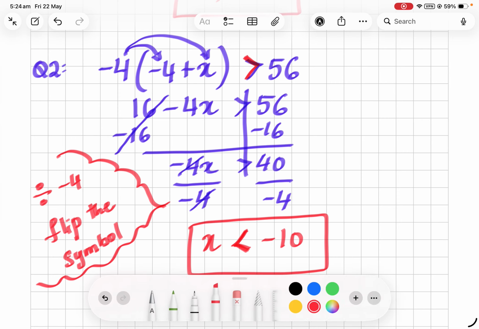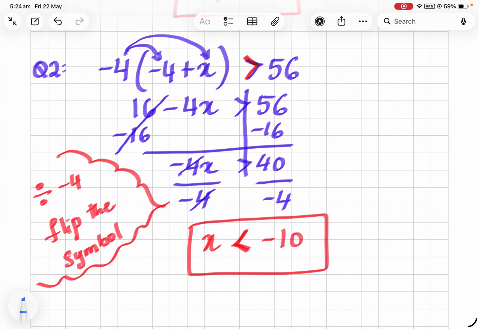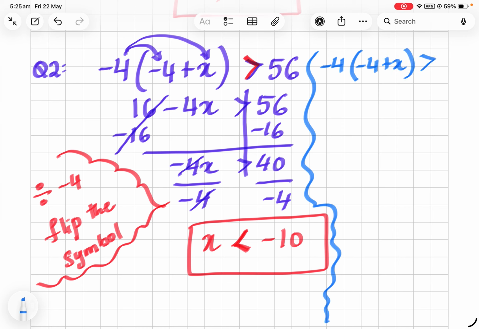Now the same question can also be solved in another way. I'm going to do it right next to it, like you can see it as a mirror. When you have negative 4 times negative 4 plus x is greater than 56, we know that negative 4 bracket is times.